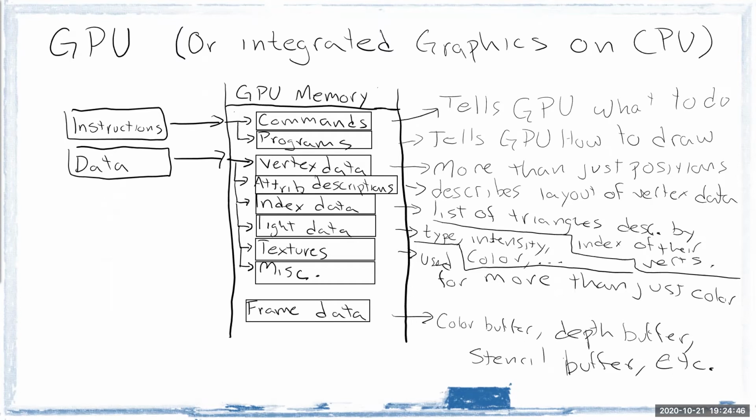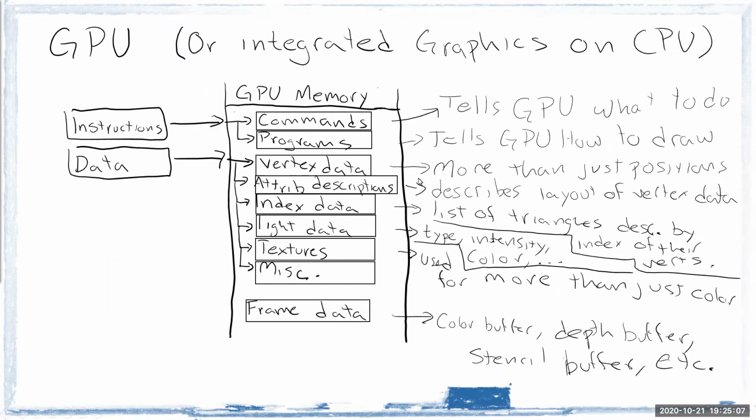So you can take a small subsection of the texture and have that be what is laid over your triangle, rather than the entire texture or the entire image being used for that triangle.